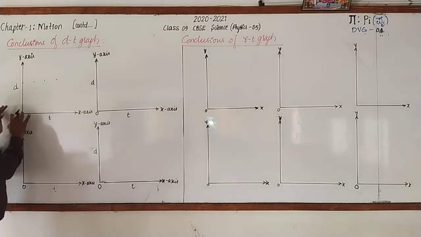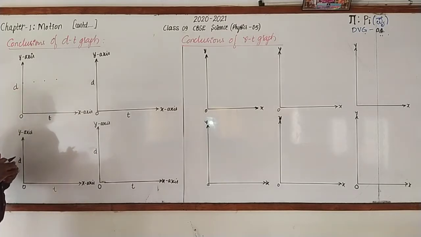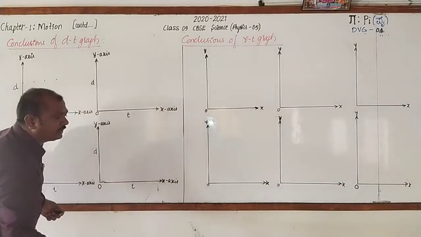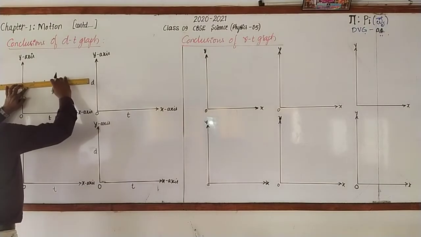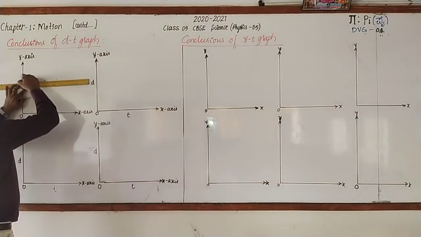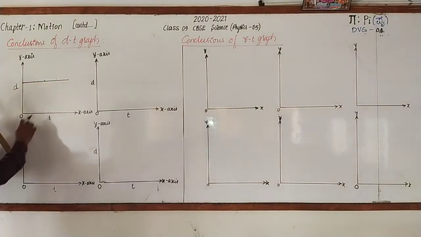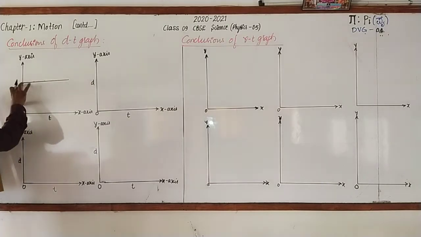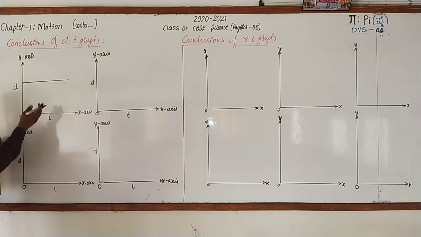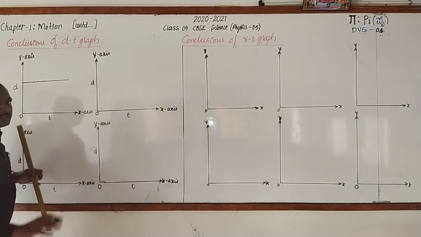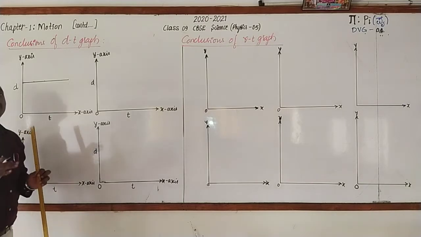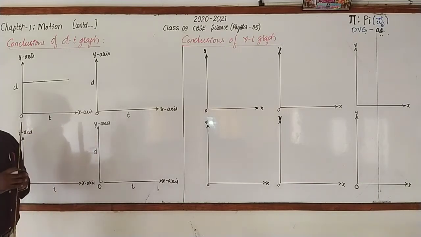Yes, it is same, right? Then I join these points. Look here. The distance at which the body is present is same in all intervals of time. That means the body is not at all moving.